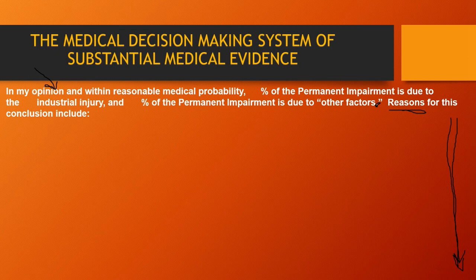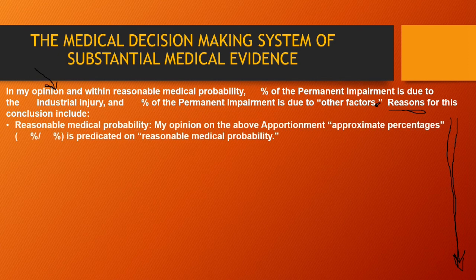So let's take a look at some of the reasons that are derived from the formula given to us by the Escobedo case. You tell us that my opinion on the above apportionment approximate percentages, which is 70% and 30%, is predicated on reasonable medical probability. Now, don't just say it.